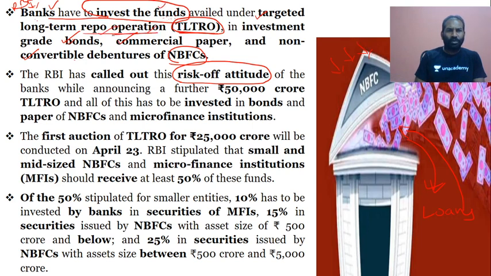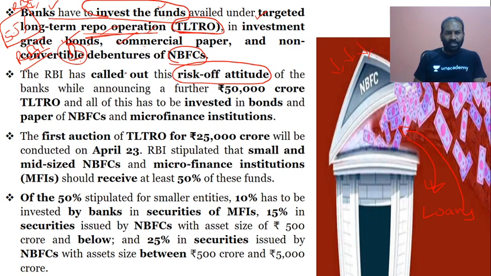The RBI will give almost 5.5 percent interest to the banks when they are investing in TLTRO in the form of bonds and commercial papers.